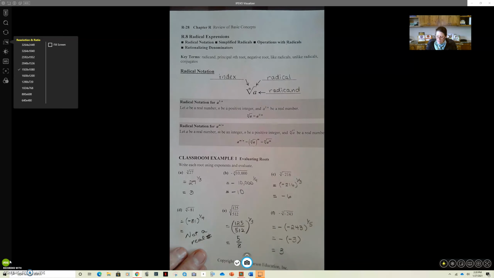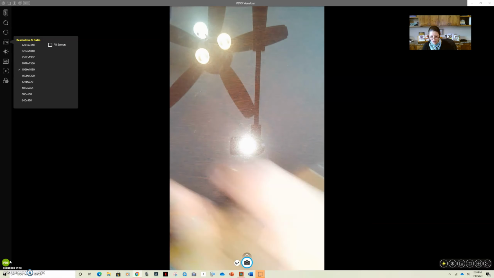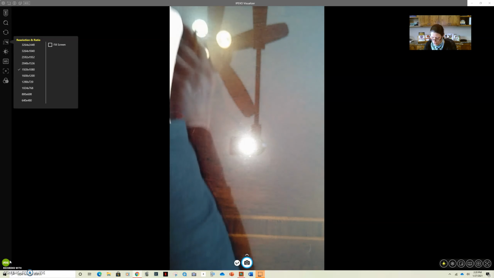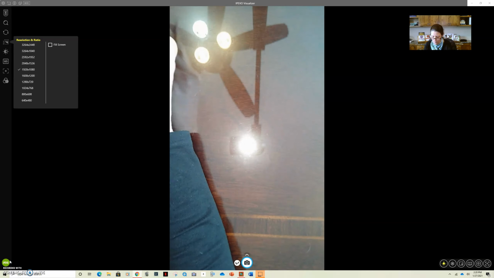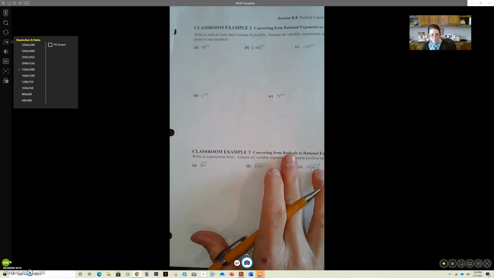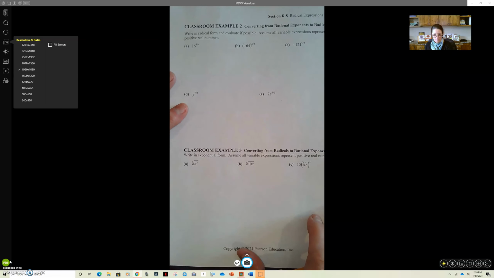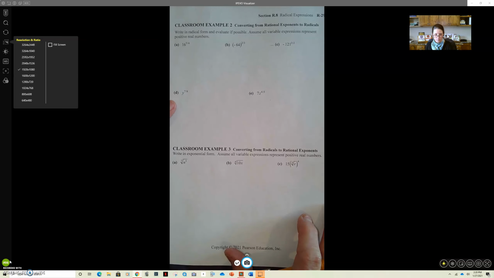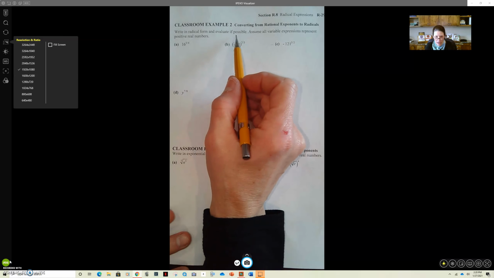Now let's turn the page and look at classroom example 2. Here we go. In this example, we want to write in radical form and evaluate if possible.